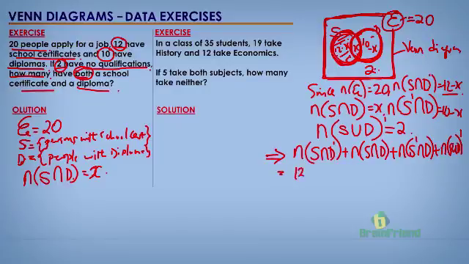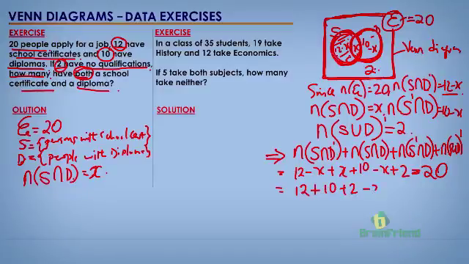This would give us 12 minus X plus 10 minus X plus 2, which is equal to our universal set 20. That would give us 12 plus 10 plus 2 minus X plus X minus X, and that would give us 20. Of course, minus X and plus X would cancel out.